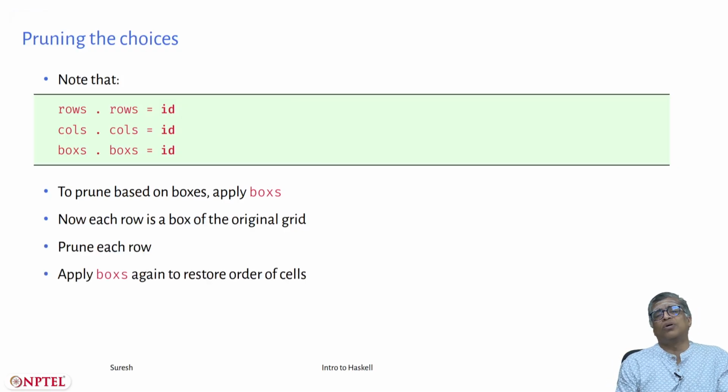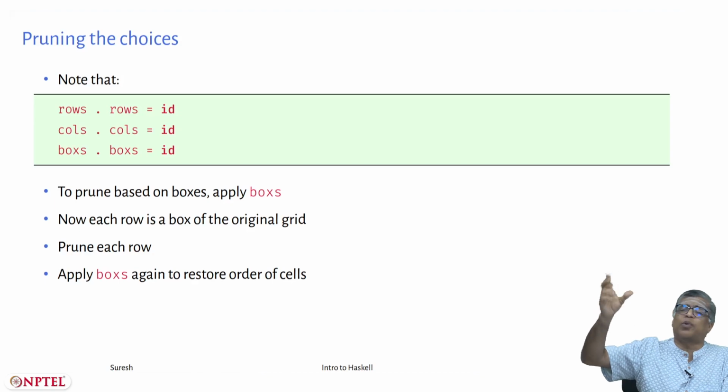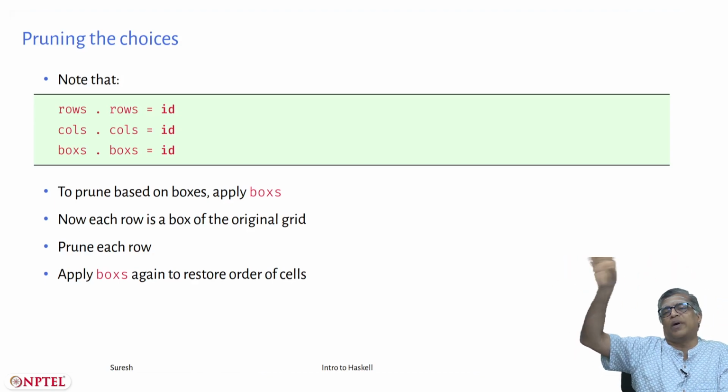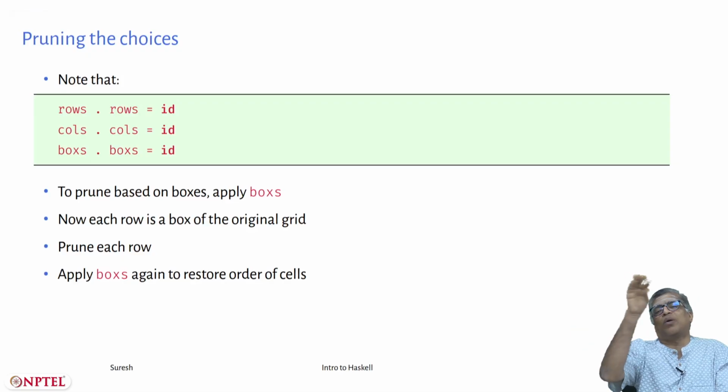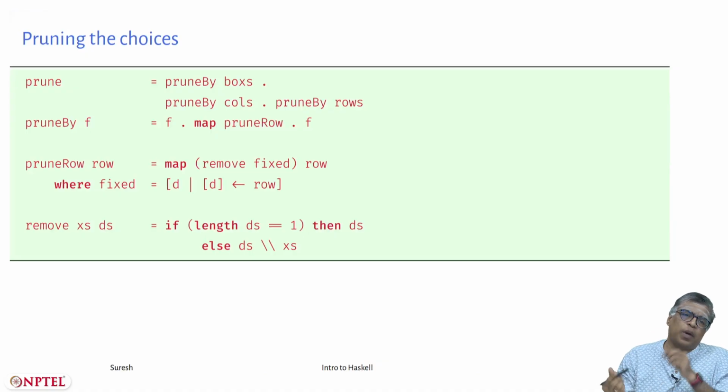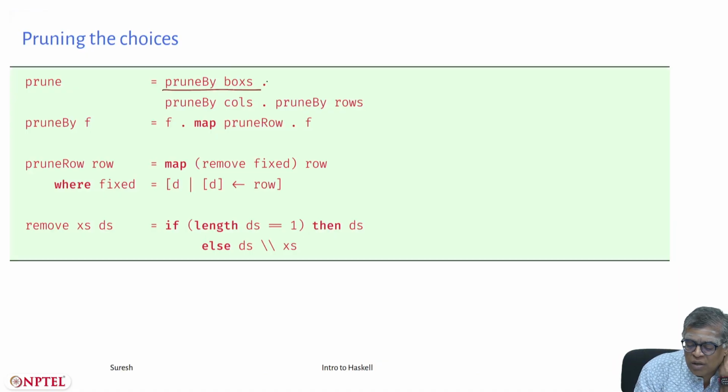And what I need to do is, after I have pruned, I need to go back to the original order. I'll have a reduced set of choices, but I'll go back to the original order. And for that, I need to apply boxes again, okay. And similarly with columns and so on. So now that gives me prune is prune by boxes on top of prune by columns on top of prune by rows.